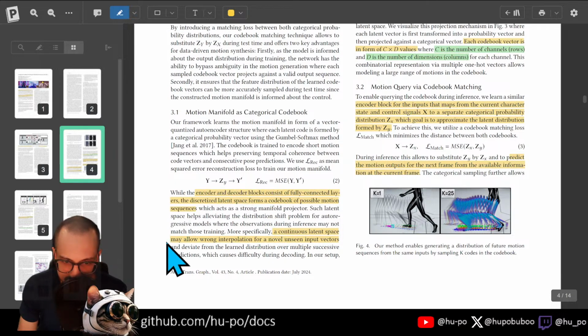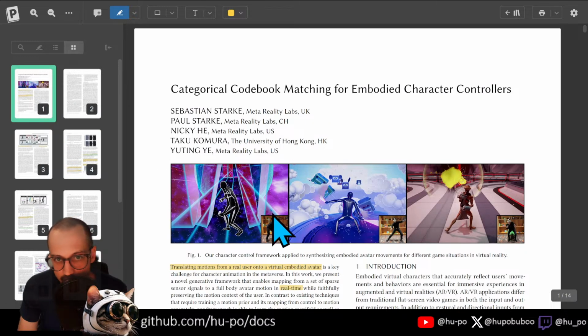A continuous latent space allows for wrong interpolation. So rather than taking some input command of, hey, here's where my controllers are, here's where my headset is, let me project that into some continuous latent space, and then I can sample from that continuous latent space and project back out into the key point skeleton for the pose, right?